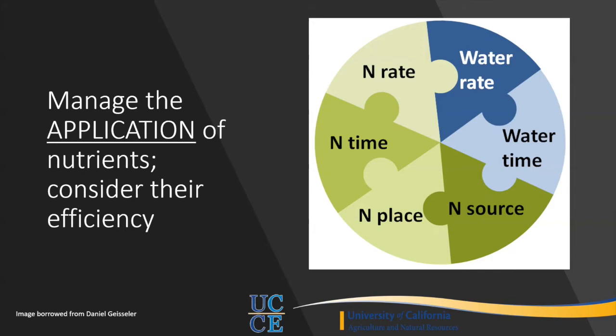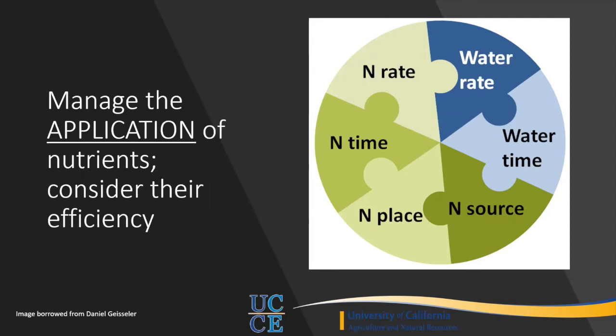In the wheel graphic on the right, which I borrowed from my colleague Daniel Geisler, you're probably familiar with the shapes that are represented in different shades of green: nitrogen rate, nitrogen time, nitrogen place, and nitrogen source. These represent the 4 R's of nutrient stewardship: right rate, right time, right place, and right source of nutrient placement.